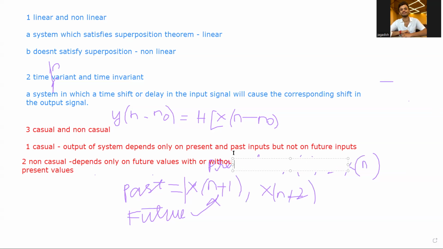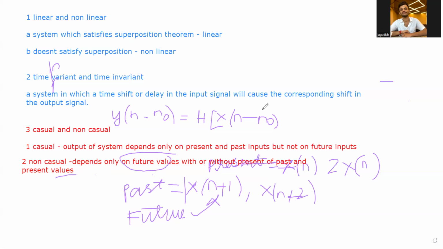If the output of the system depends only on the present and past inputs, but not on the future inputs, then you call the system casual. Non-casual definitely has future, but you might have present and past.